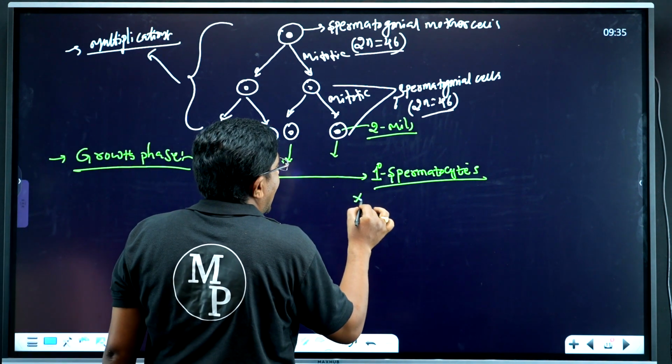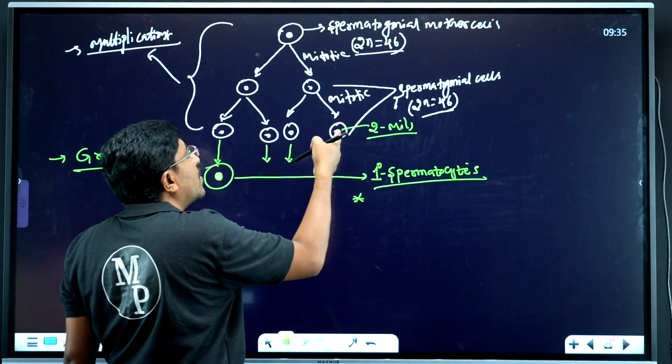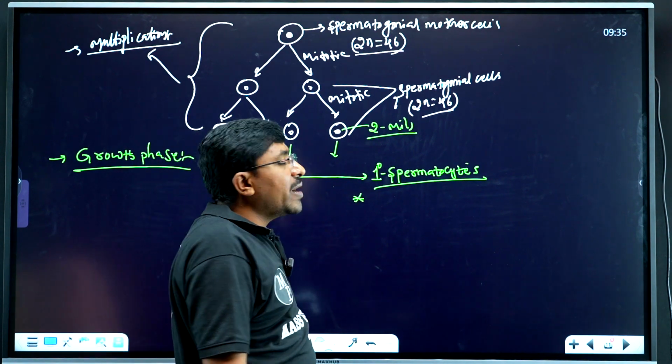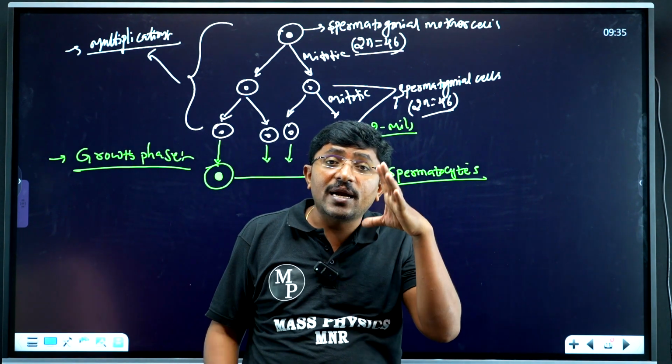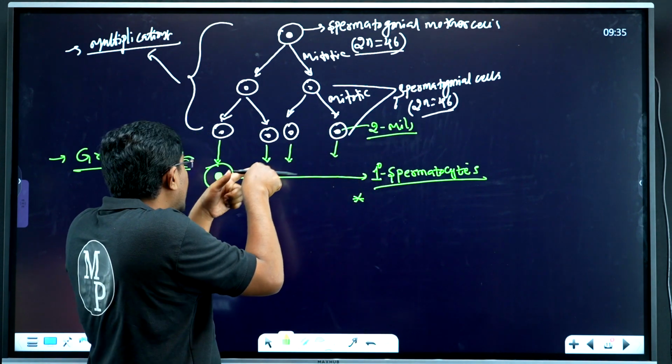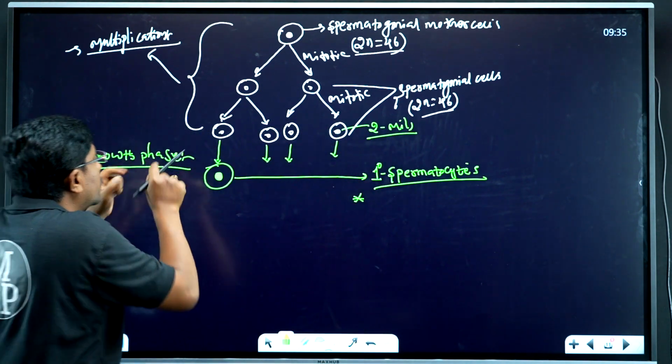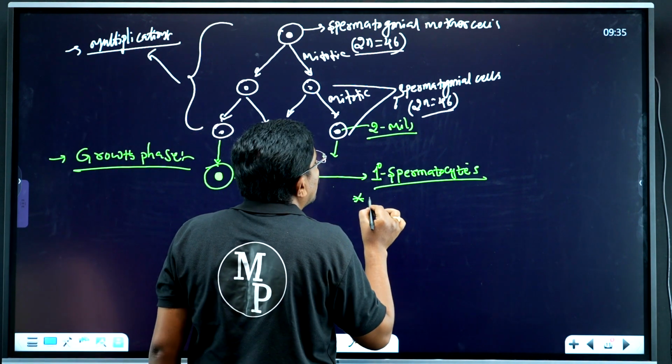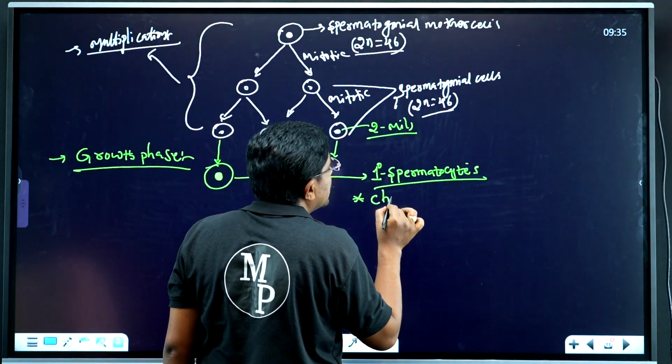Actually, in the spermatogonial cells, the chromatin and chromosome size and concentration is less. When all these cells enter into the growth phase, the chromatin concentration is increased.